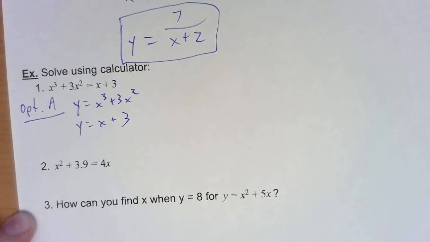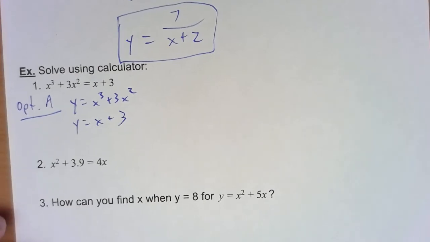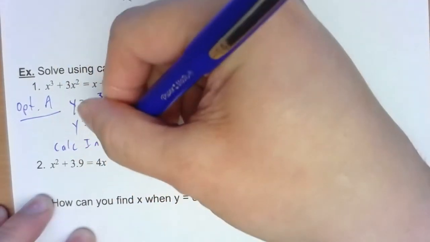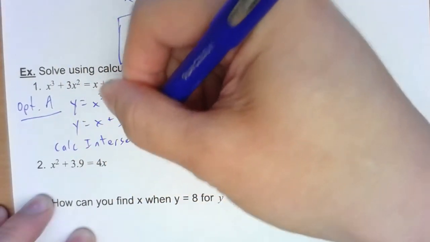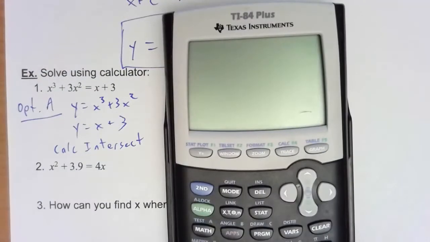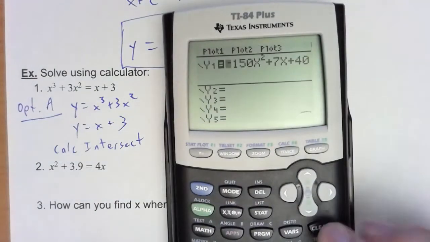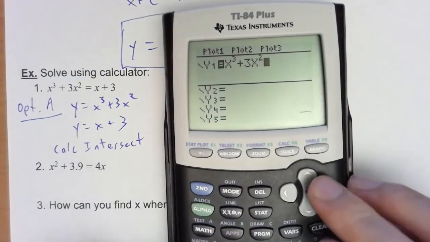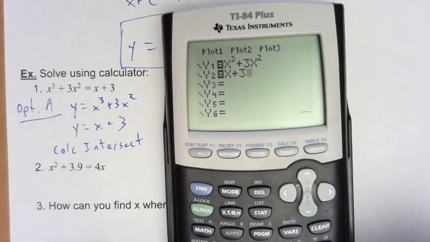Graph those two separately. And then we did look at yesterday how to find the solution when we're graphing those two separate things. If you remember, it was in the calc menu. You want to do calc intersect. So I would just graph those two: x cubed plus 3x squared, and then x plus 3.